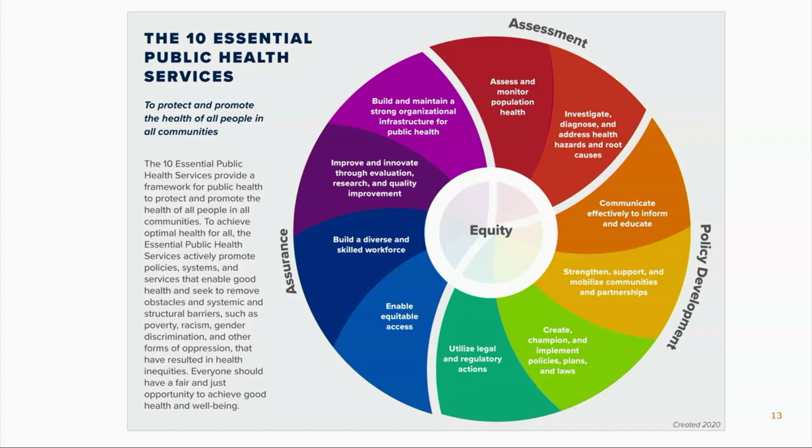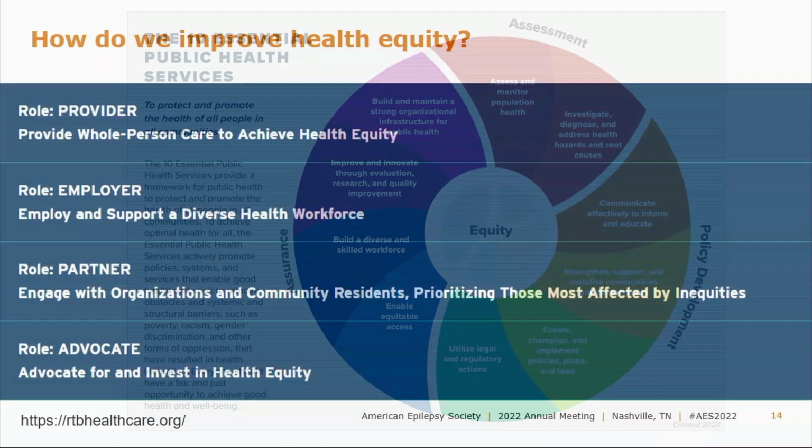And the goal is to protect and promote the health of all people in all communities, so health equity. I'm not going to go through everything here, but I'm going to call out the 2 that are in blue. One is to build a diverse and skilled workforce, and the other is enable equitable access. We'll get some examples of that in a moment.